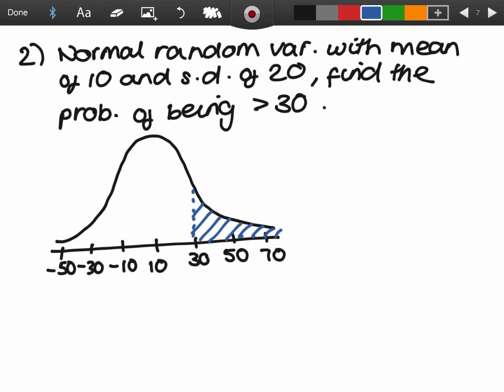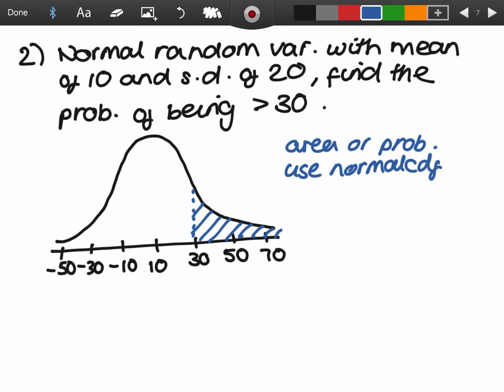Now, in this case, we know that when we're looking for an area or probability, we use normal CDF. But when we do that, the issue is that we don't know what our upper bound is. Before, when we dealt with standard normal distribution with a mean of 0 and standard deviation of 1, we just used 10 as an upper bound when we needed a very large upper bound.